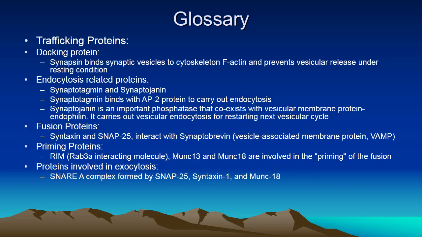Fusion proteins are there, particularly syntaxin and SNAP25, that interact with another protein which is VAMP. One of the VAMPs is synaptobrevin.